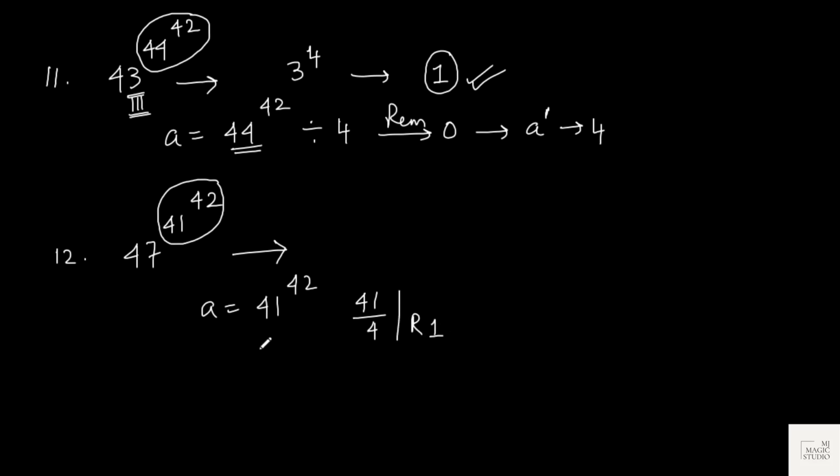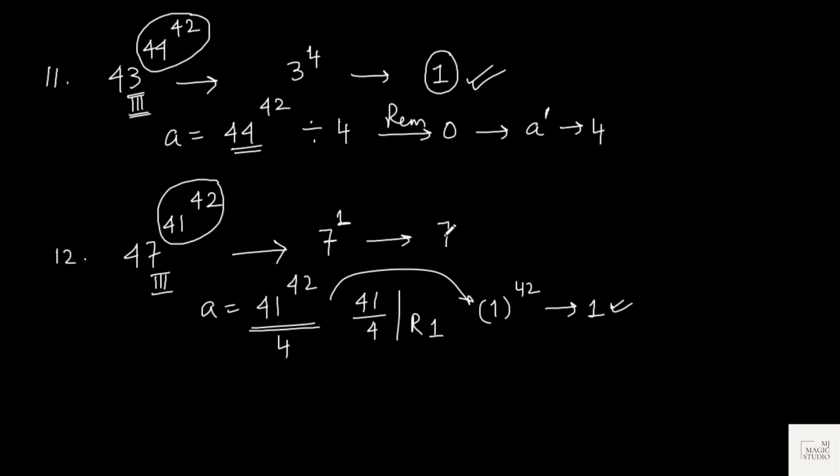Remainder is 1. Then the remainder when this entire number is divided by 4 is actually 1 to the power 42. That is 1 again. So when 41 to the power 42 is divided by 4, remainder is 1. Now 7 belongs to type 3. We are looking out for last digit of 7 to the power 1. That is 7.